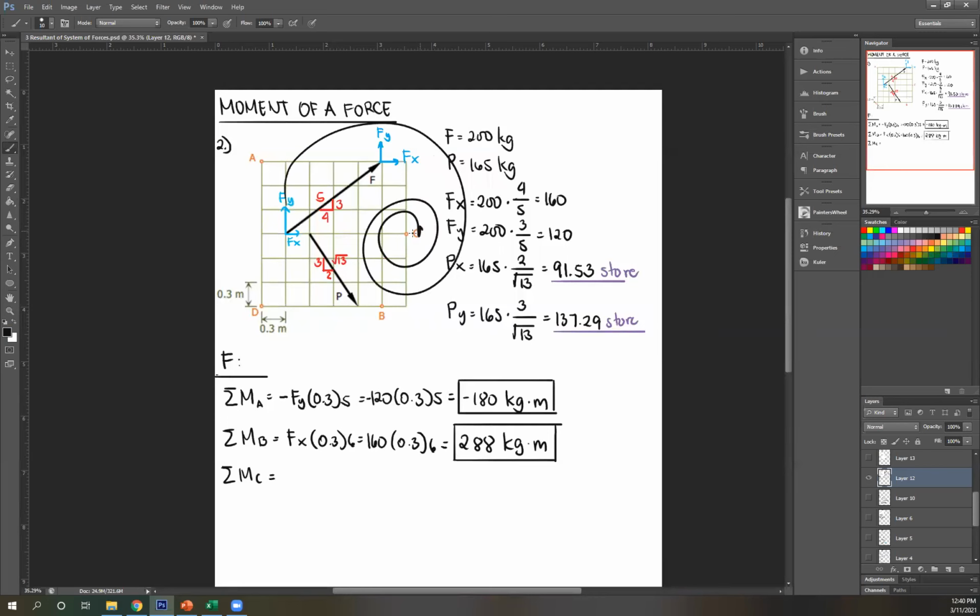Fy rotated about C is clockwise, so positive Fy times the distance 1, 2, 3, 4, 5, five blocks. Fy is 120 and 0.3 times 5, that is, yes, 180.